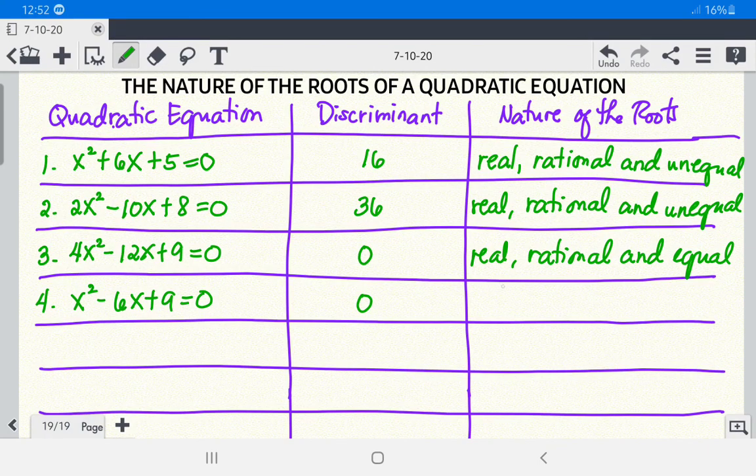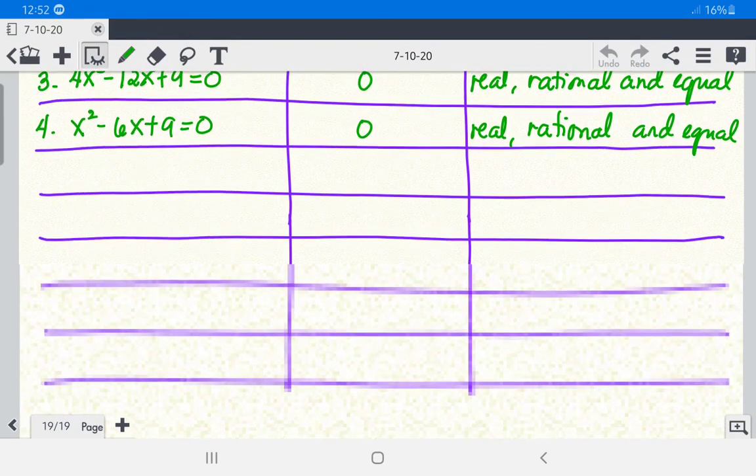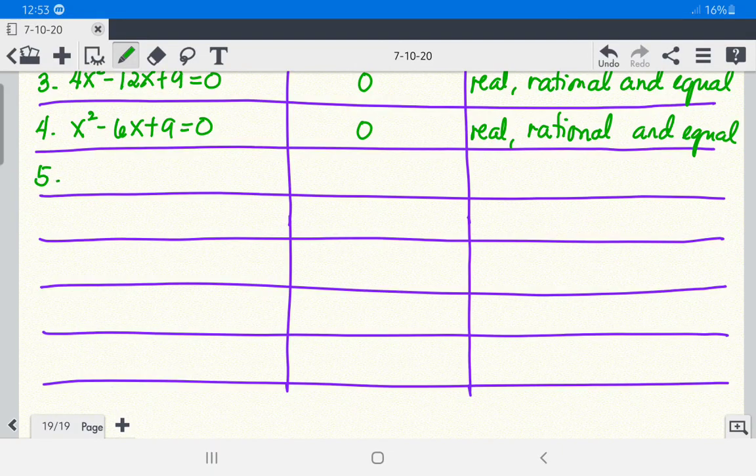The roots are real, rational, and equal. Okay, next. Number 5, we have 4x squared minus 3x minus 5 equals 0. We solve for the discriminant and it is 89, right? So, the nature of the roots is that they are real, irrational, and unequal.